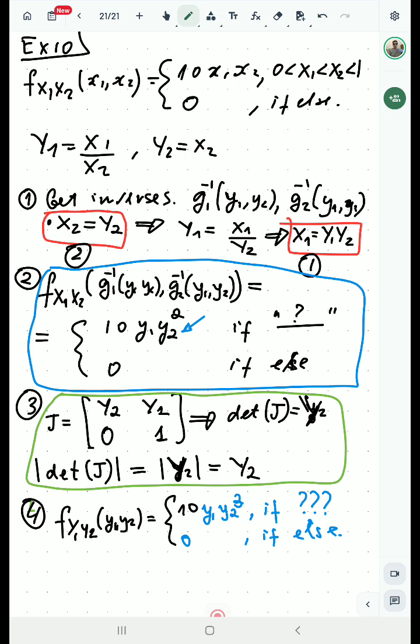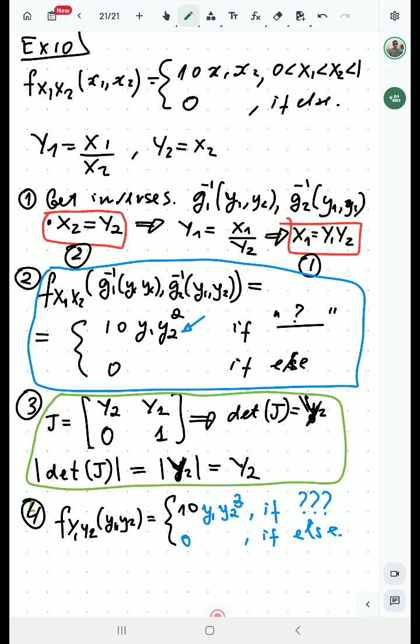We know that x1 should always be less than x2. And what happens if x1 is less than x2?